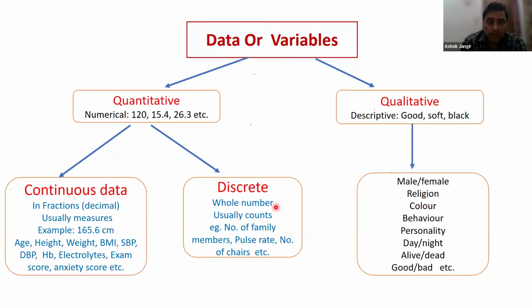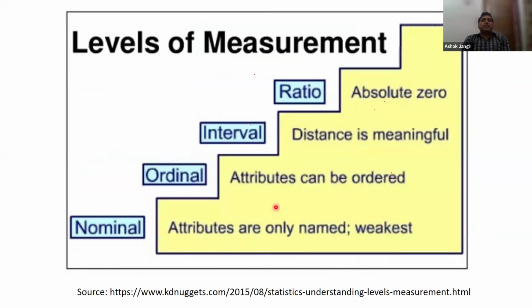Now next is level of measurements. Please remember this number 2 slide, level of measurements. In statistics, when you open SPSS or any other software, there is also level of measurement: nominal, ordinal, interval, ratio.